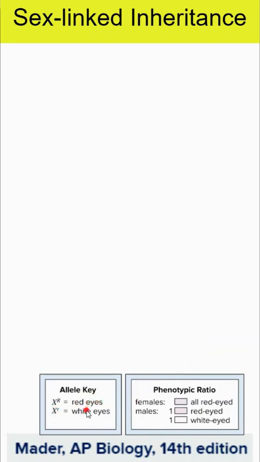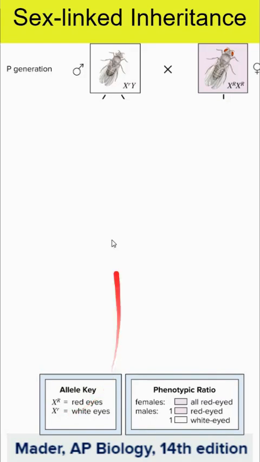Whether they have red eyes or white eyes is determined by a gene that exists on the X chromosome. So in this P generation, these male flies have the recessive white eye color. In this P generation, this female is homozygous for red eyes.